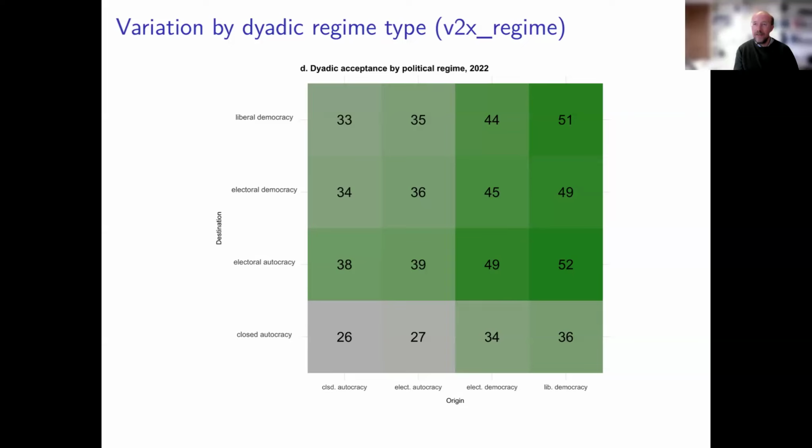Now, why are we interested in this? Well, because we would expect that, as I already mentioned, dual citizenship was traditionally seen as problematic, for example, from the perspective of conflicts between states. And what we know from the democratic peace literature is that conflicts, especially armed conflicts, are less likely between democracies compared to non-democracies.